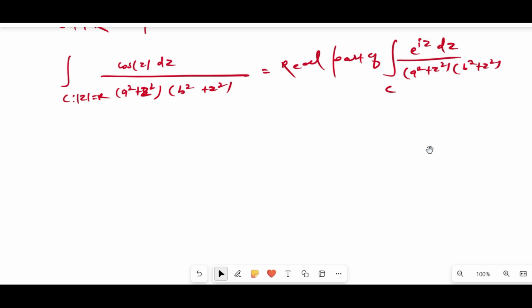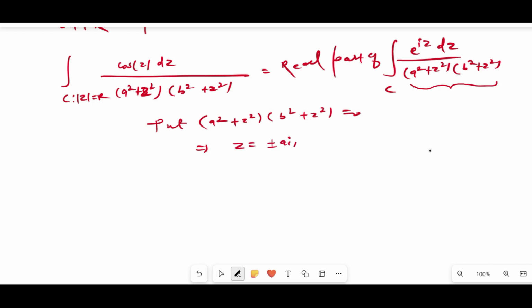So now, further solving, first of all we need to find the singularity. So we need to put a square plus z square, b square plus z square equal to 0. It implies the value of z is equal to ± ai, ± bi.